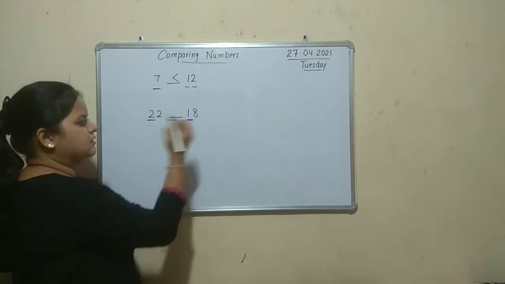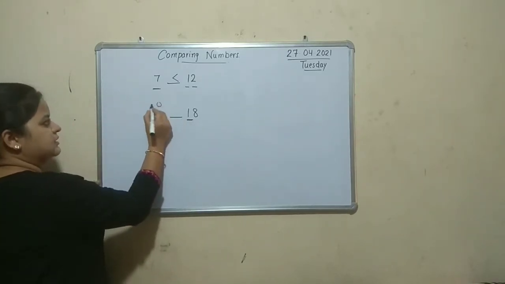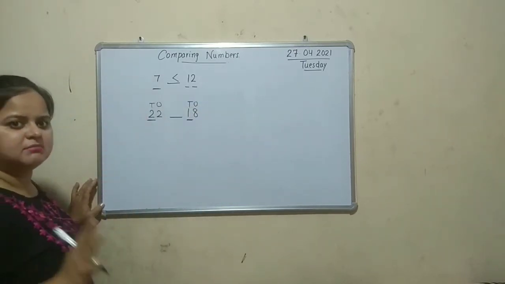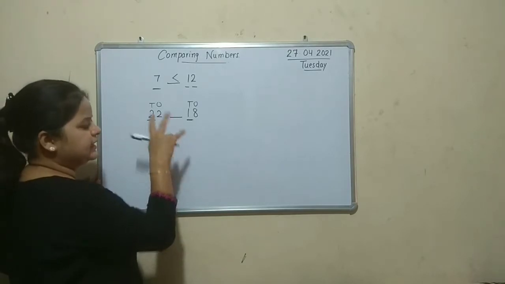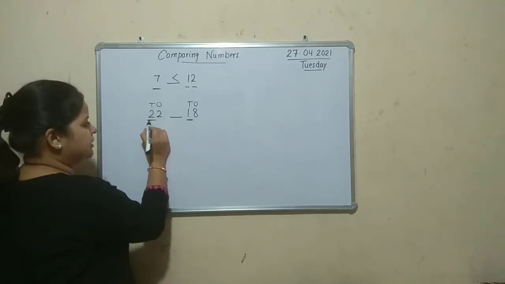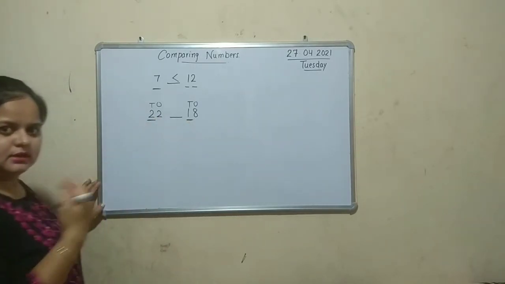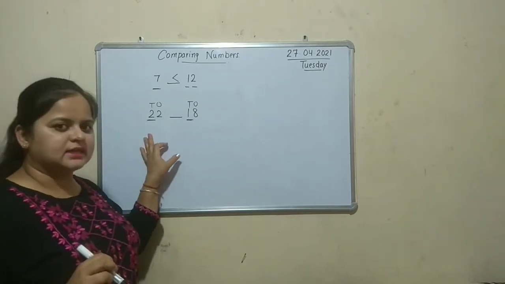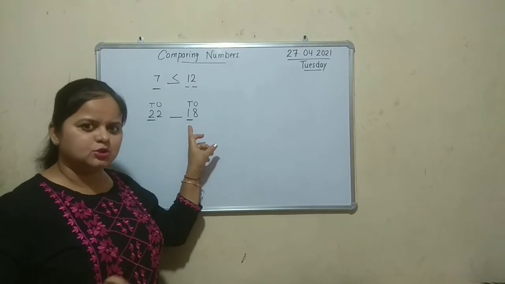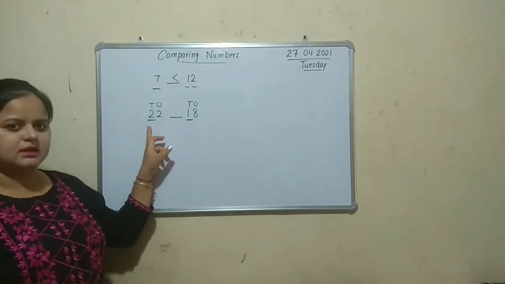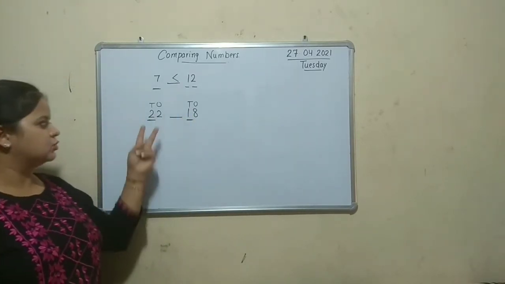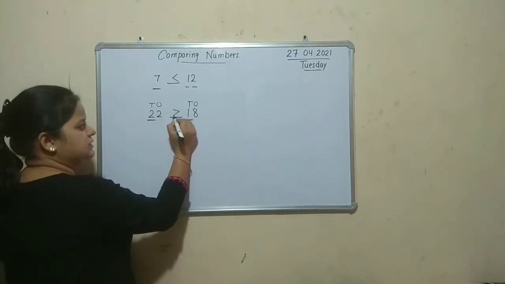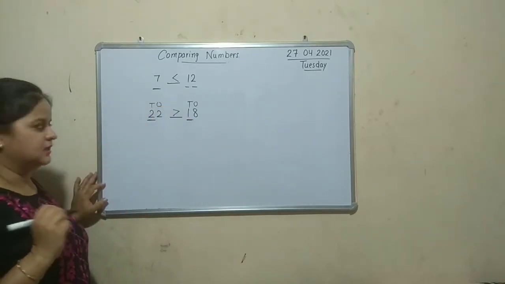Like 2 and 1. Ones, tens, ones, tens. So we will compare the number that is placed on tens place. So here the number 2 and 1 are here. So 2 is greater than 1. Yes, you all know the 2 number is greater than 1. So 22 is greater than 18.